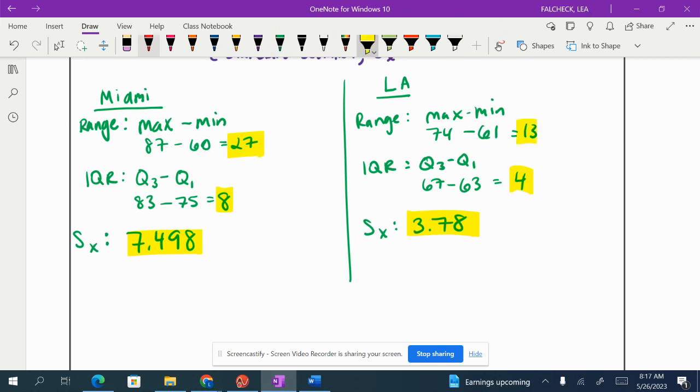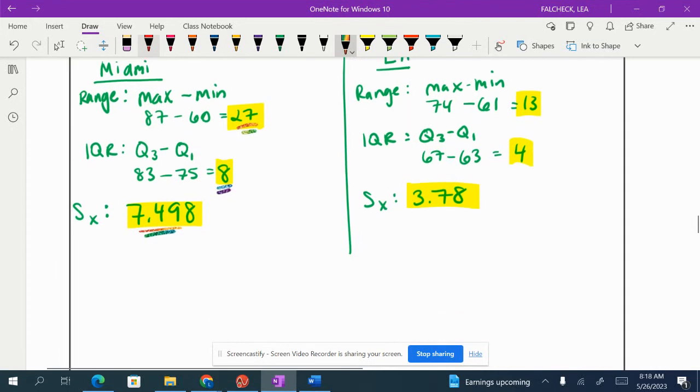Okay, so now let's compare apples to apples. My range for Miami is significantly higher than my range for LA. My IQR for Miami is significantly higher than my IQR for LA. My standard deviation is significantly higher for Miami than it is for LA.